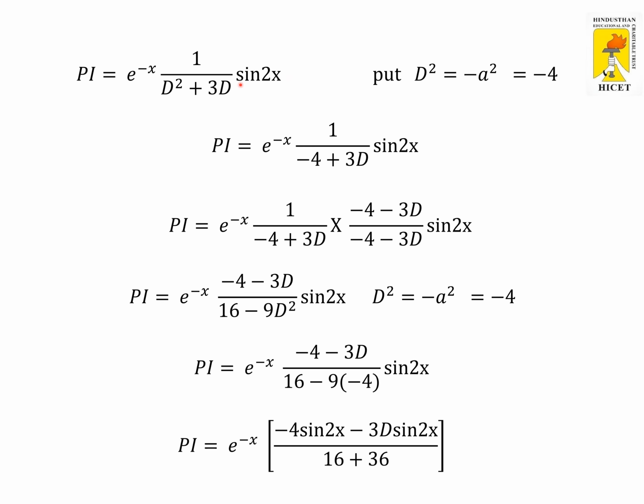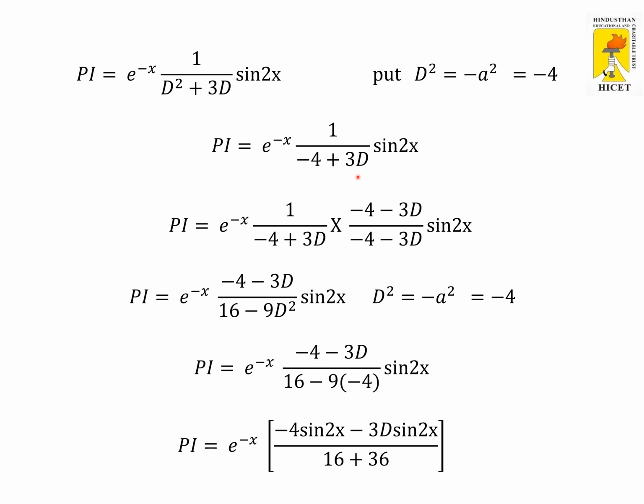Now using our type 2, that is the trigonometric form, we put D squared equal to minus a squared. Here a equal to 2. So replacing D squared equal to minus 2 squared, that is minus 4. Therefore PI equal to e power minus x into 1 by minus 4 plus 3D, into sine 2x.